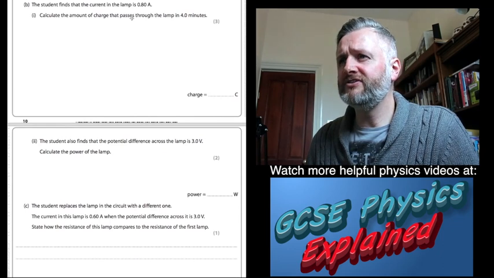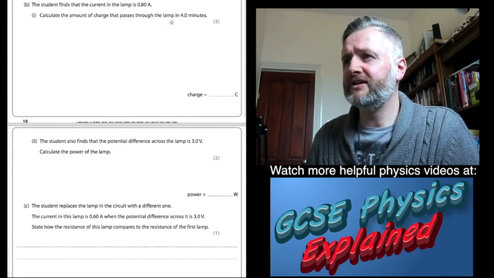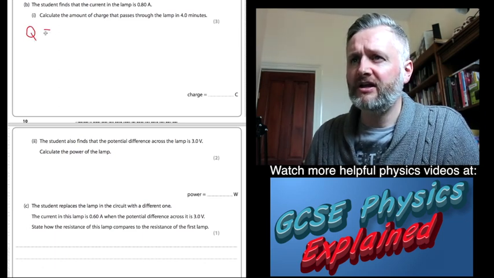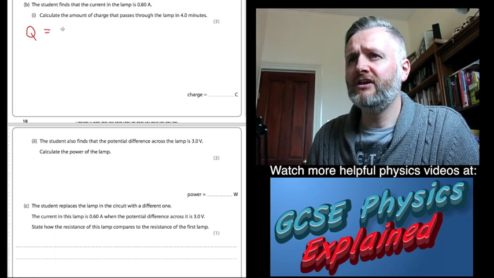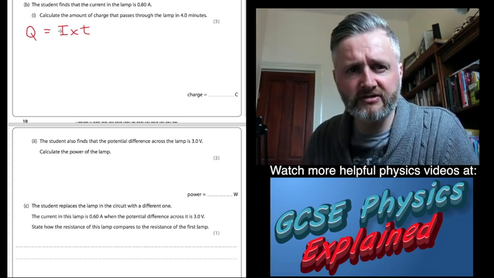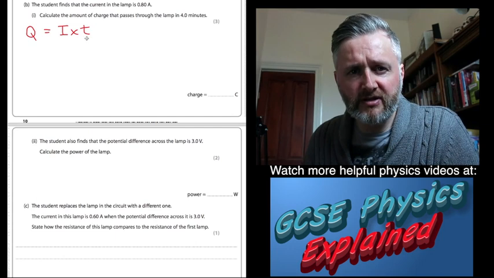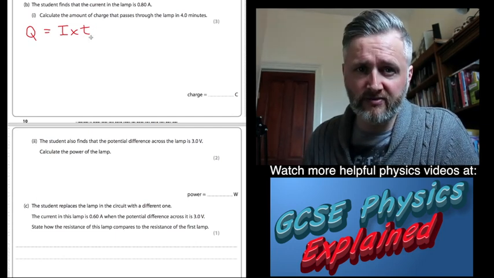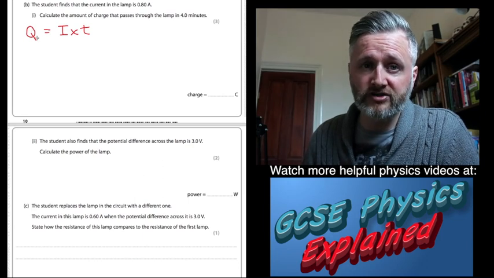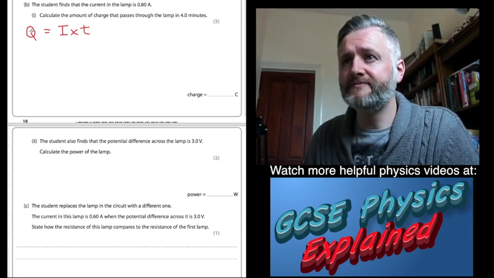B, the student finds that the current in the lamp is 0.8 amps. Calculate the amount of charge that passes through the lamp in 4 minutes. Right, well, if you're wanting to charge your mobile phone, Q, charge, that equals the current times by the time. So you need to plug your mobile phone into the mains so that it gets current, and you need to leave it plugged in for a certain amount of time. The more time that you leave it plugged in for, the more charge that your mobile phone battery gets, alright?